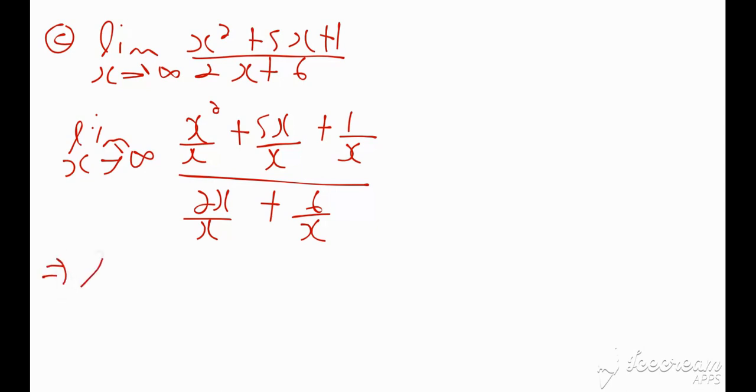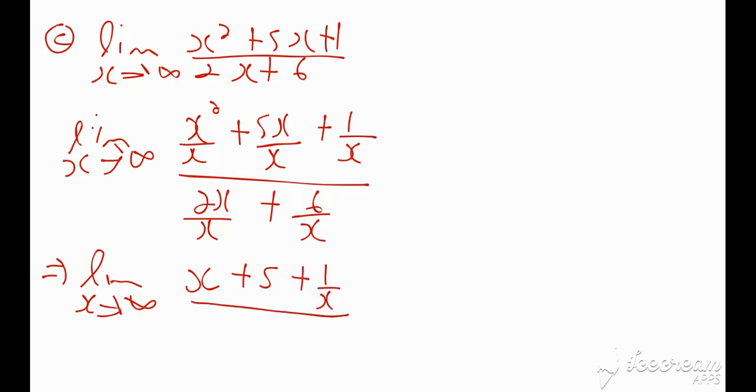This is going to become the limit as x tends towards infinity of x by laws of indices plus 5 plus 1 over x all over 2 plus 6 over x.